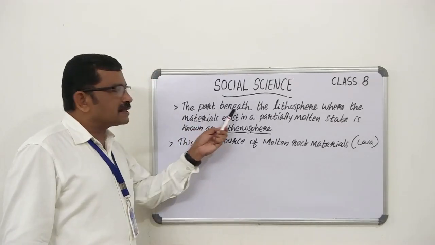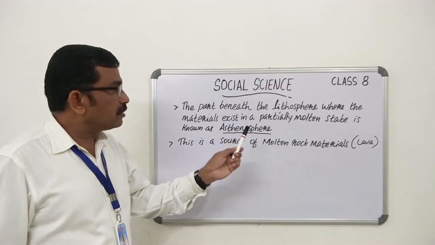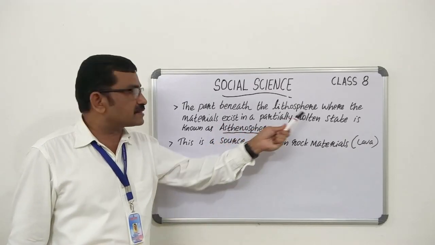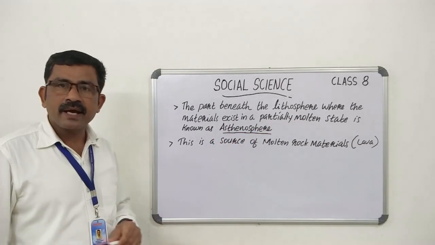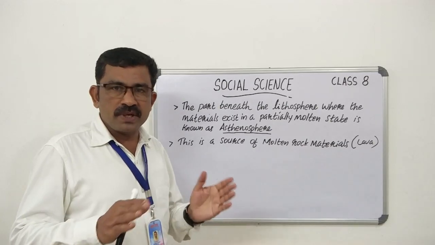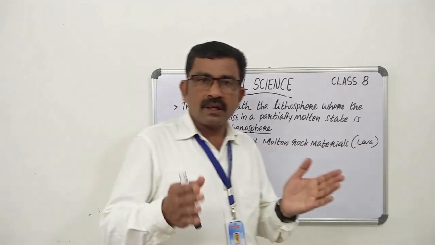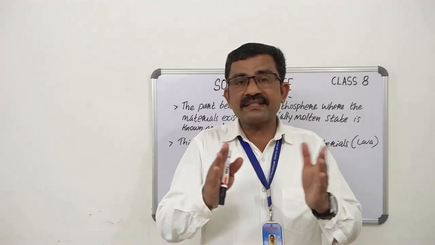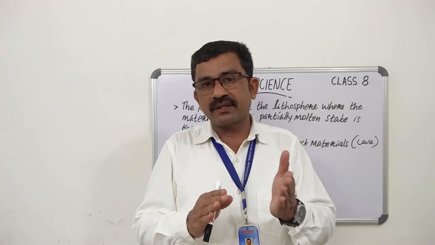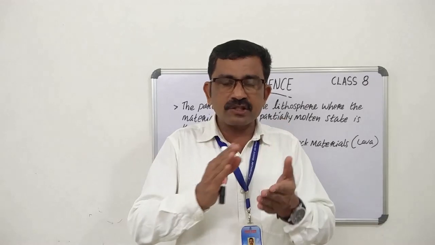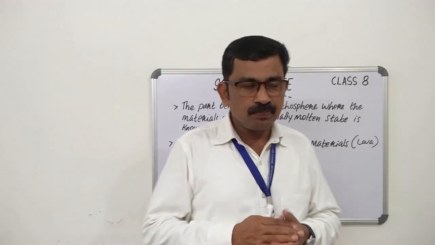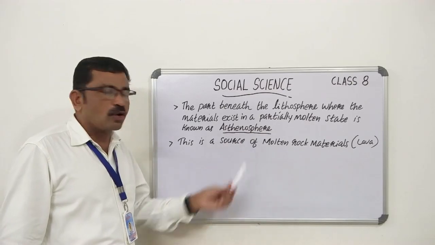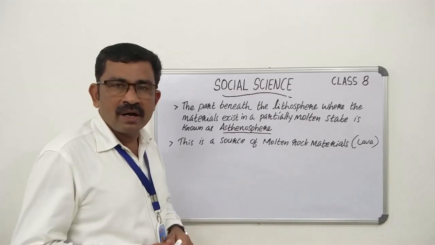The part beneath the lithosphere where the material exists in a partially molten state is known as asthenosphere. This is a source of molten rock material, lava.